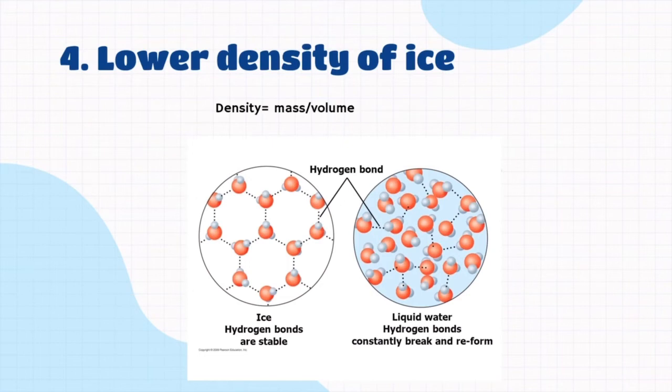Density indicates how tightly a material is packed together. Most objects have high density in the order of solid, liquid, and gas. However, water is an exception. Take a look at the picture. In ice, hydrogen bonds are stable, but when it melts, hydrogen bonds become uneven.